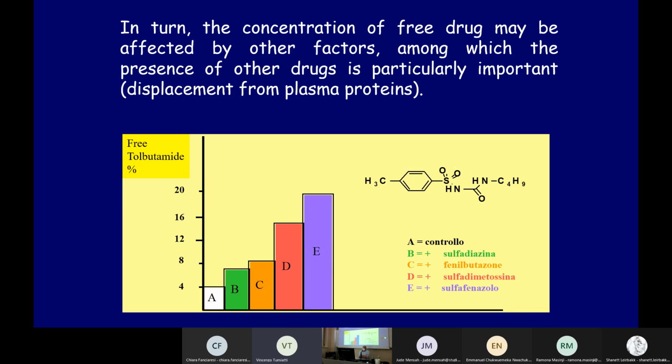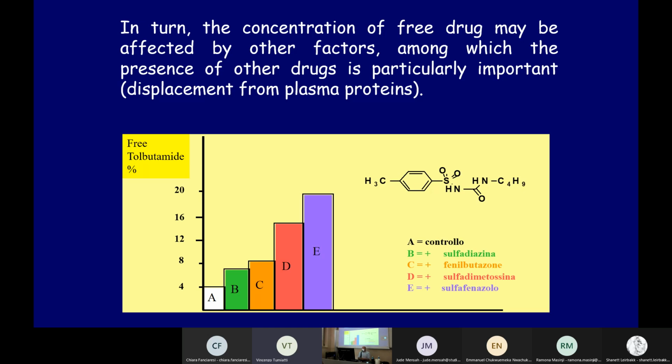I explained this concept. The last time we have already discussed the fact that the drug is able to interact with the blood proteins. Normally 90% of your drug is bound to the protein and 10% is in a free form, and it is able to reach the target, to be absorbed, and so on.